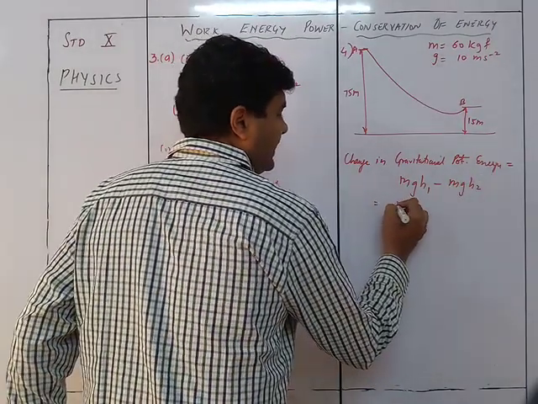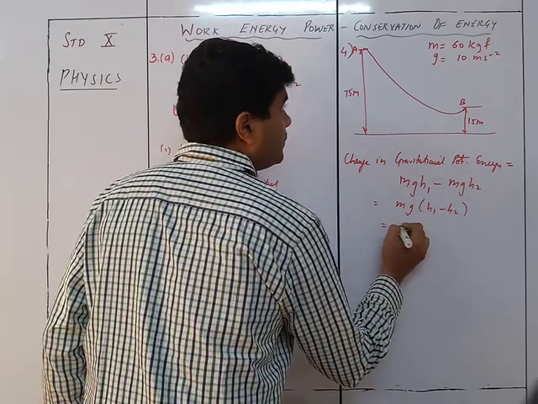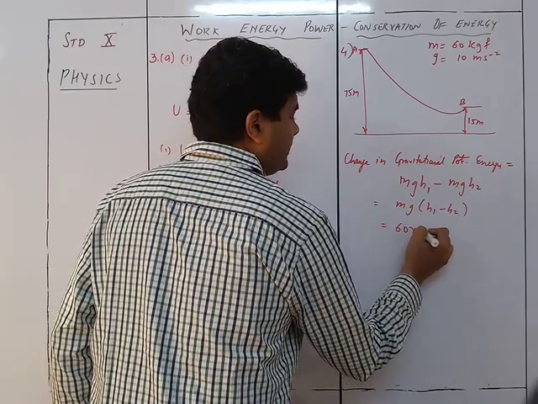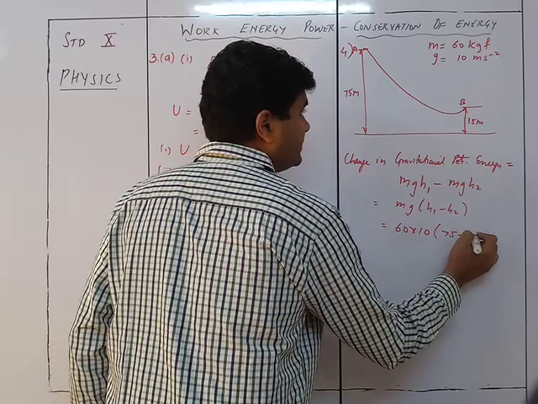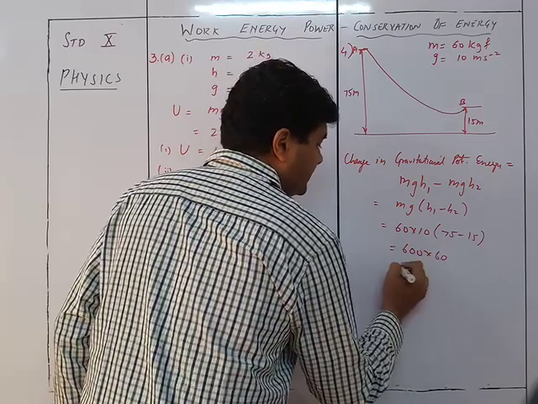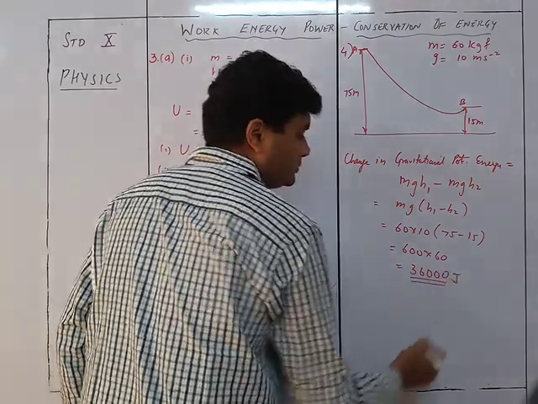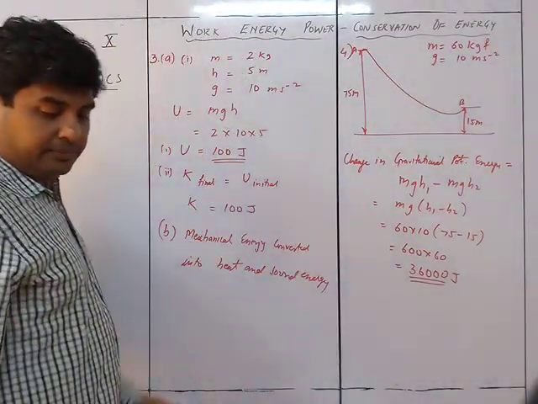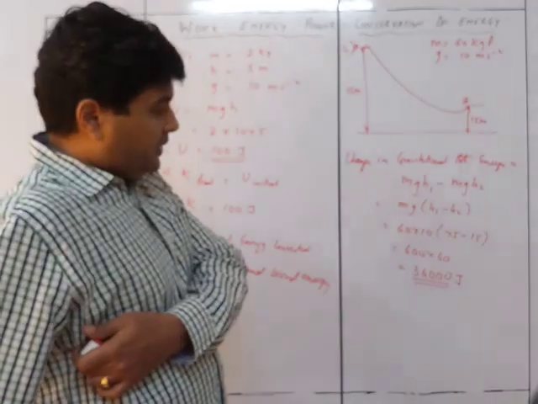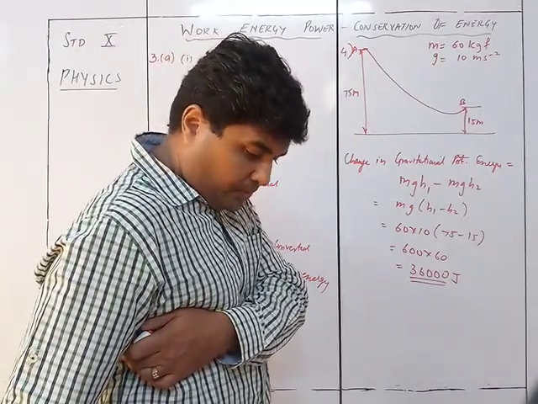So that is going to be mg(h1 minus h2), which will be equal to 60 into 10 into (75 minus 15). So it's 600 into 60. That's 36000 joule. Okay. 36000 joule is the change in the potential energy.